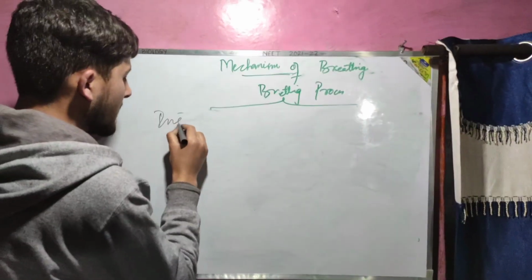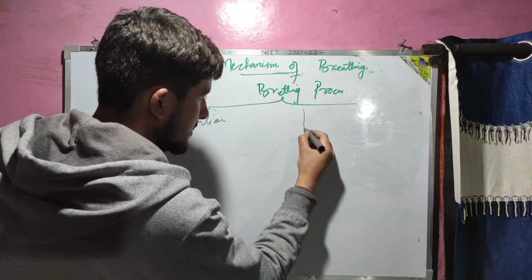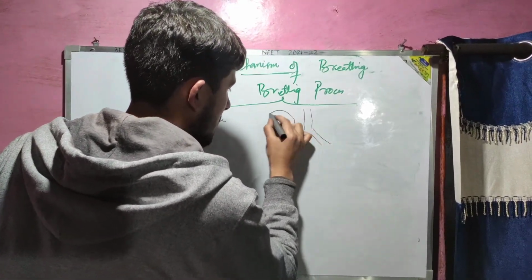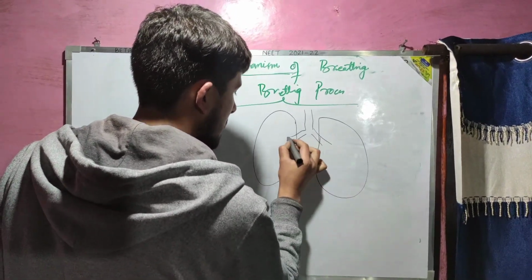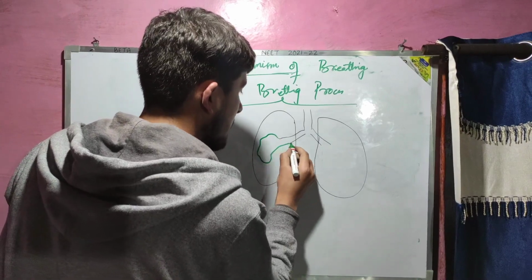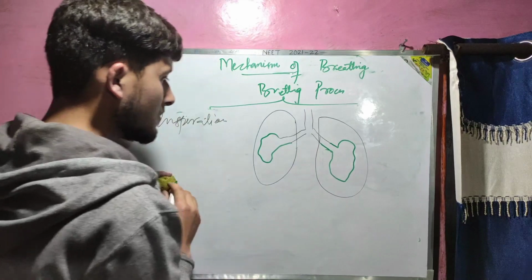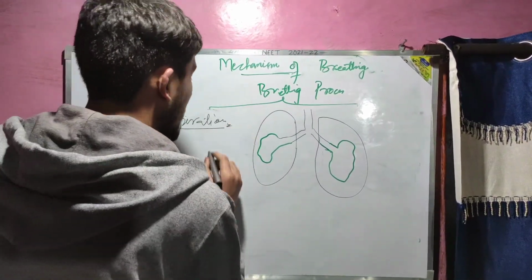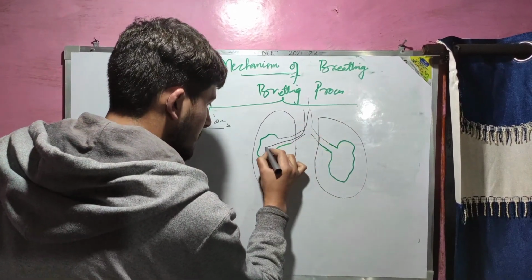In case of inspiration, what happens? This is our lung, for example. For example, this is one alveolus. In inspiration, the atmospheric air is drawn into the lungs.